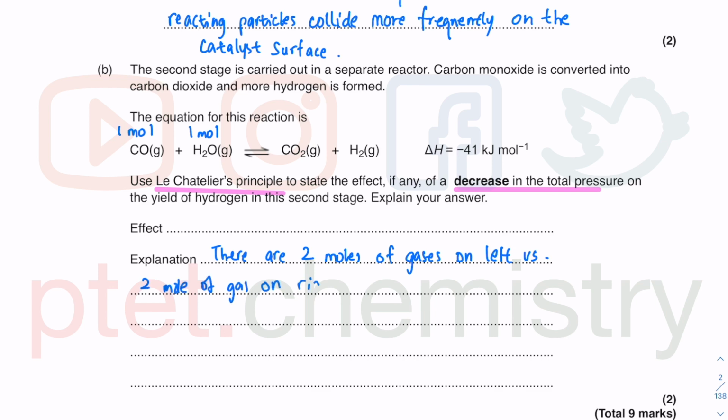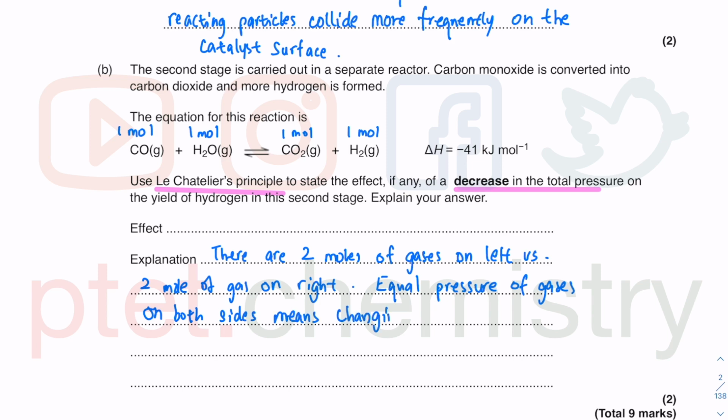Oh, this is a different reaction actually. So there is 1 mole there and there is 1 mole there. So 2 moles of gas on the left and on the right. So equal pressure on both sides. So equal number of molecules, equal pressure of gases on both sides. It means that increasing pressure or decreasing pressure will have no effect, because you can't choose how to oppose the change as both sides have equal pressure.